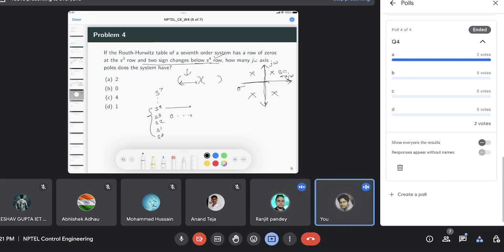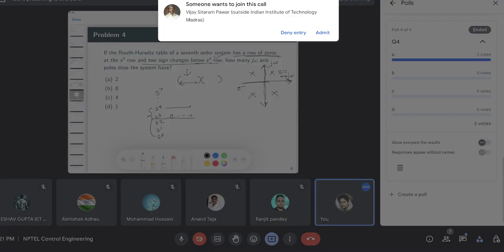All elements in that row are 0, in the S3 row. Is it clear? Yes, sir. So you have a row of zeros at the S3 row.